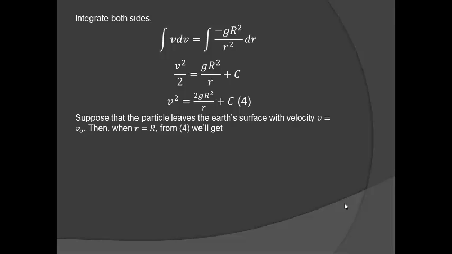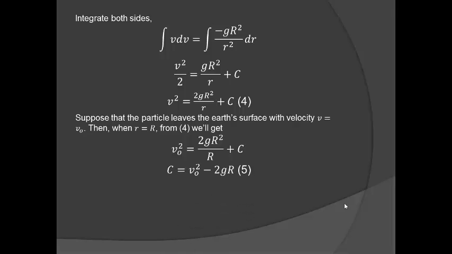Suppose that the particle leaves the earth surface with velocity v is equal to vo. Then, when r is equal to the radius of the earth, from equation 4, we will get vo squared is equal to 2g radius of the earth squared all over radius of the earth plus c.